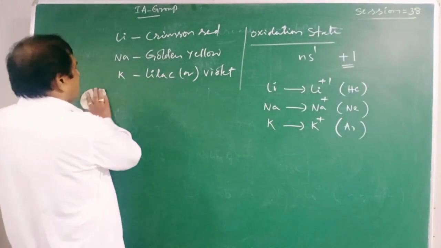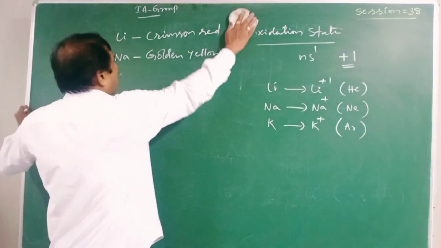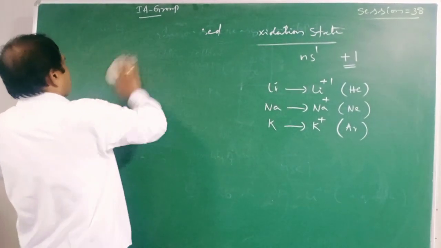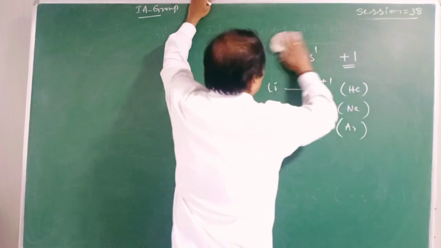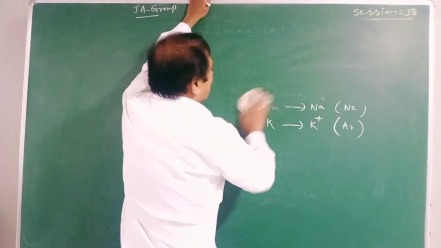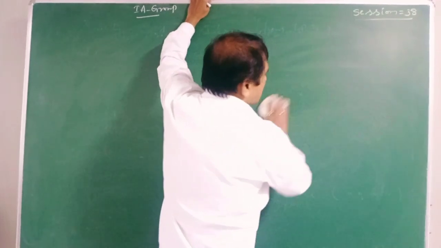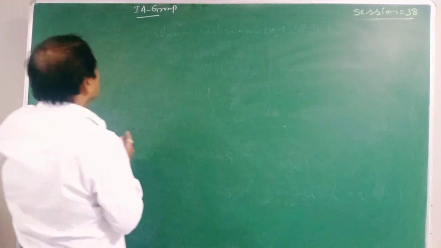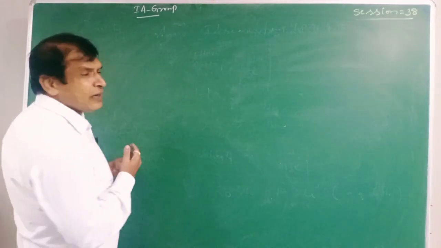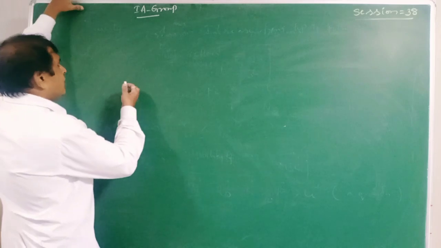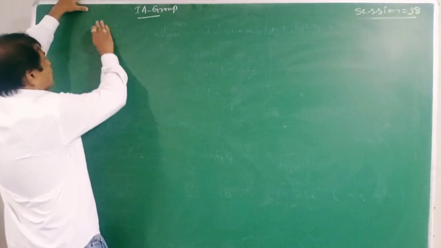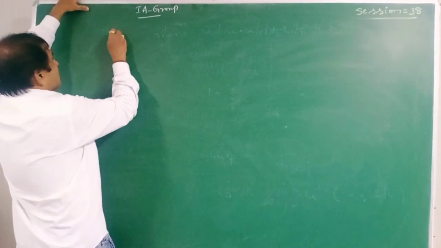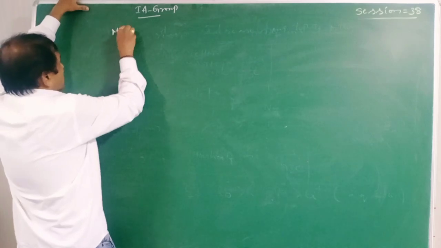Then melting points, another important point: melting points of alkali metals. What is the nature of the alkali metals? All alkali elements are very strong electropositive reactive metals.